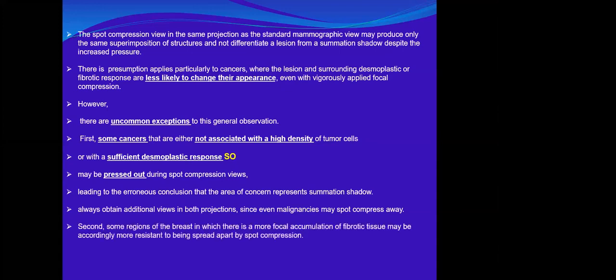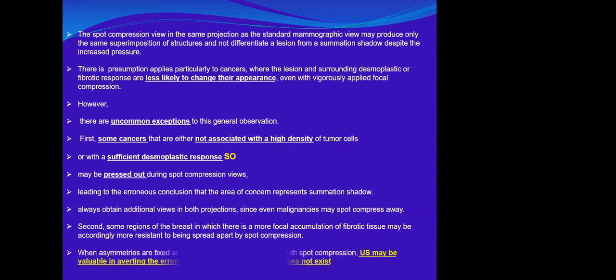Second, some regions of the breast in which there is more focal accumulation of fibrotic tissue may be more resistant to being spread apart by spot compression. Some non-cancerous fibrotic breast tissue might not spread away, and can also give you the erroneous impression of malignancy, but it is not malignant tissue.